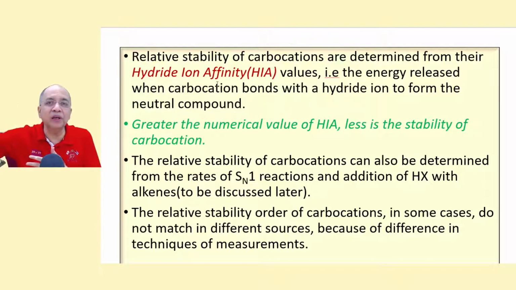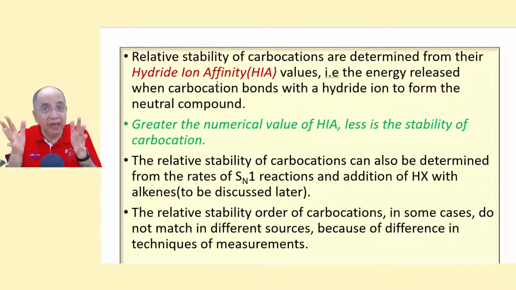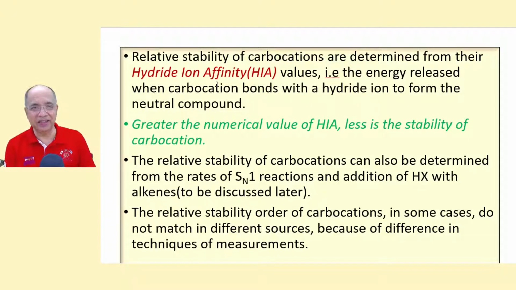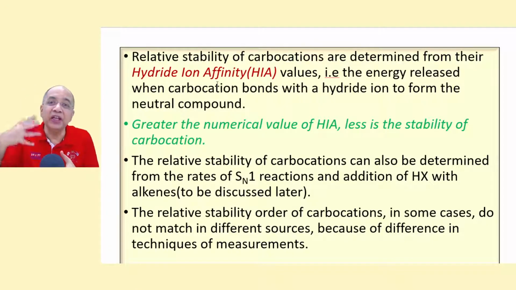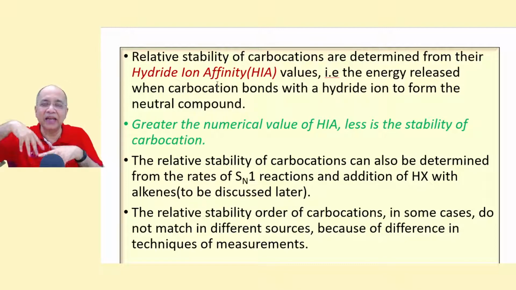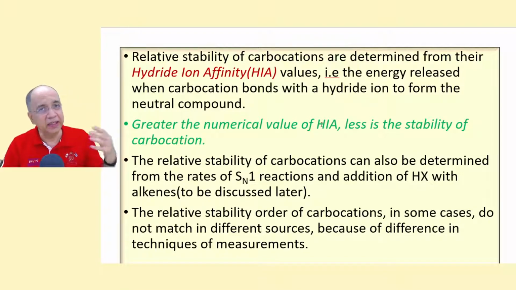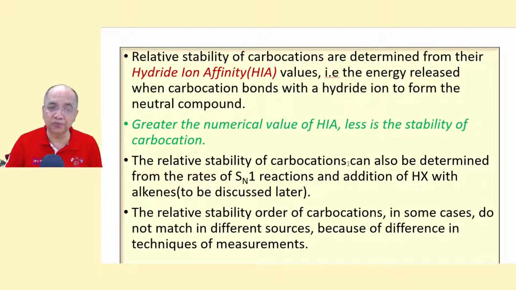The more energy released, the less stable the carbocation. If the carbocation is more stable, it will release less energy. If it is less stable, it will immediately react and release more energy. So from the HIA data, we can order all the carbocations in decreasing or increasing order.